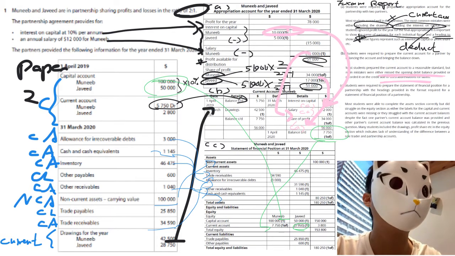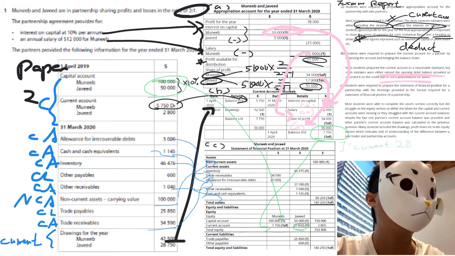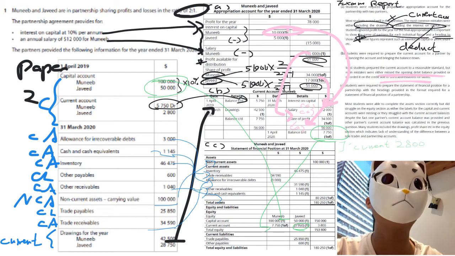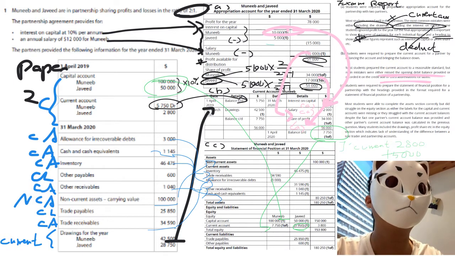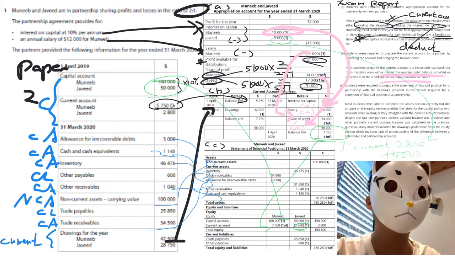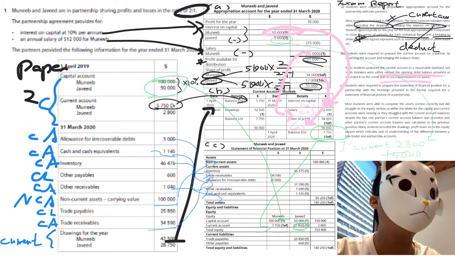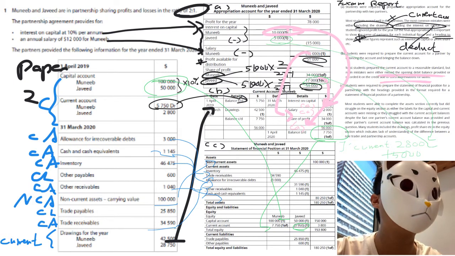So let me put it down for Jeff's current account. 2800 as a balance, and then we add up the interest on capital from here. Next, we also have the share of profit, which is 17000, so we add it up, plus 17000.